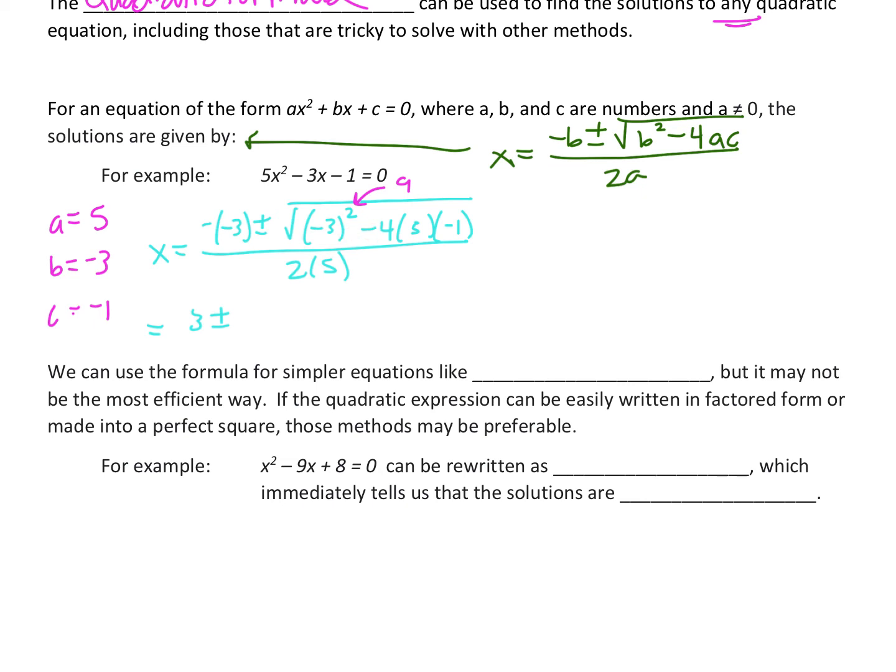It is subtraction, but that makes the 4 negative. So we have negative 4 times 5 times negative 1. Negative 4 times 5 is negative 20, times negative 1 is a positive 20. So we're going to say plus 20. And then back here we have the square root of a positive 29, all over 10.